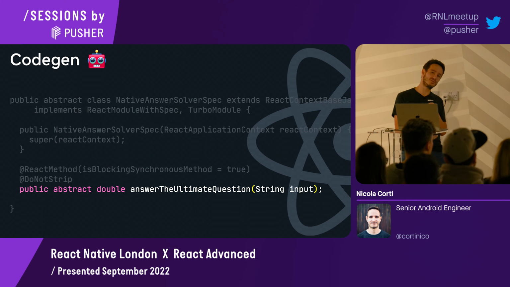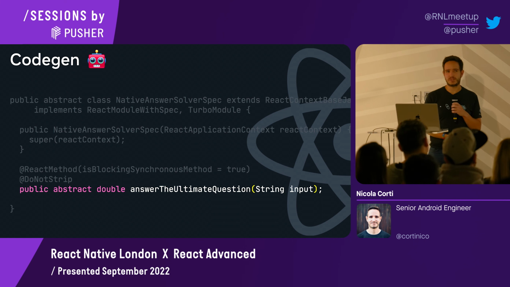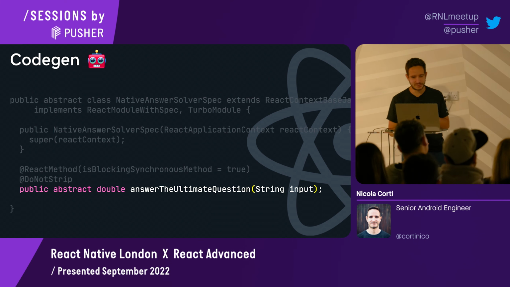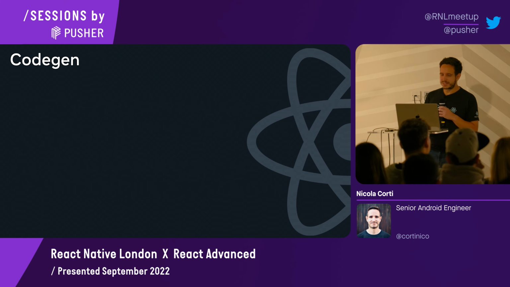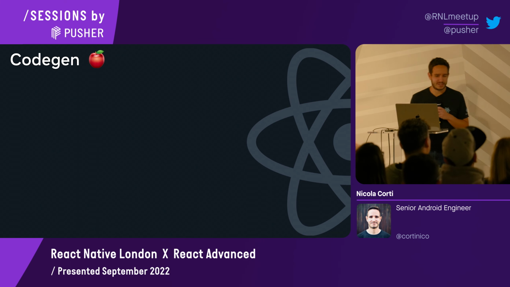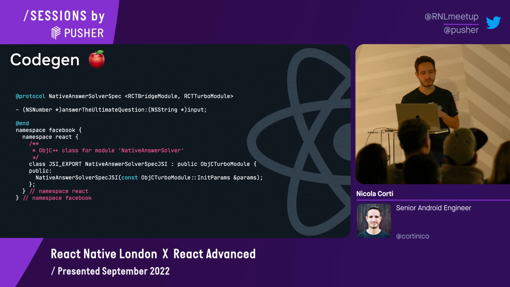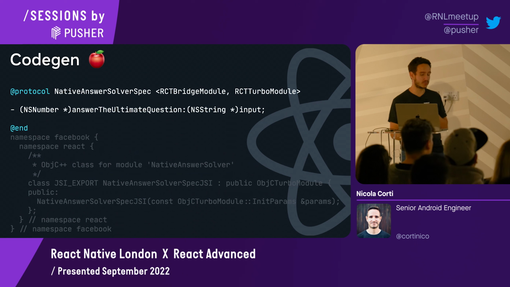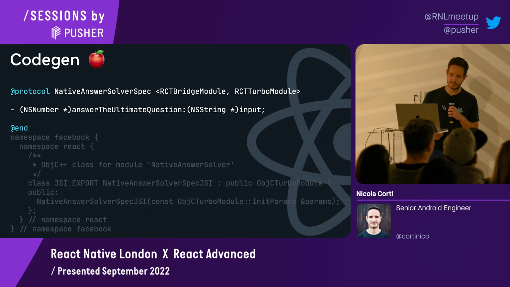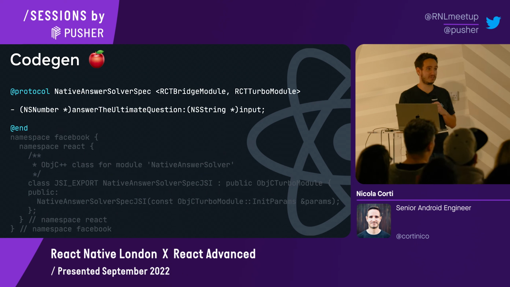So now it's up to you, the developer, to implement the business logic and answer the ultimate question here. On iOS, similarly, we are generating Objective-C code. Again, you will have a protocol which you will have to implement with the same method and types which are specific to the platform, like NSNumber and NSString.